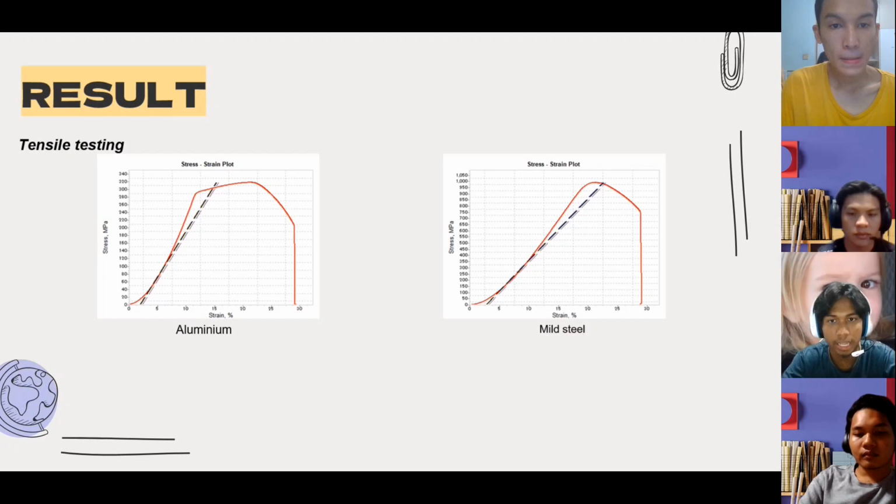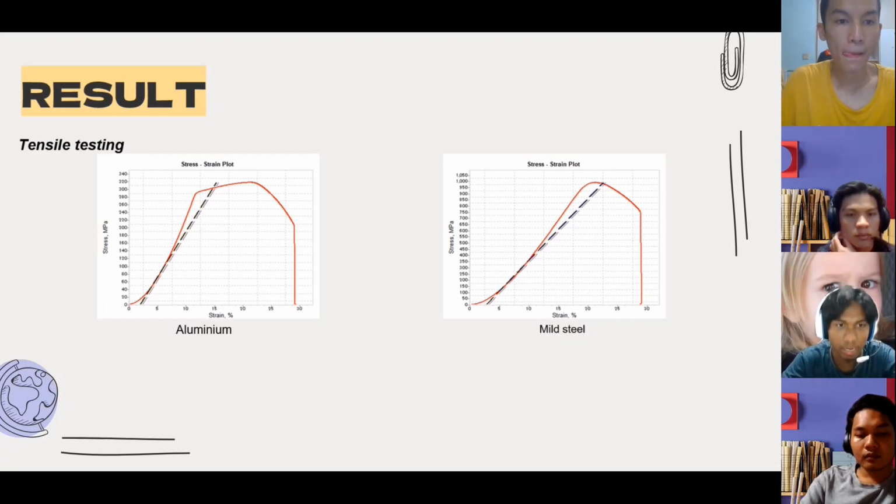So as you can see, there is a difference between aluminium and mild steel in terms of stresses. So we can conclude that mild steel has higher stress, or mild steel has higher tensile strength than aluminium. This is because mild steel has larger density than aluminium.